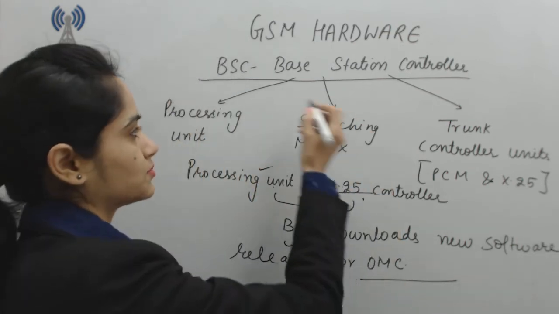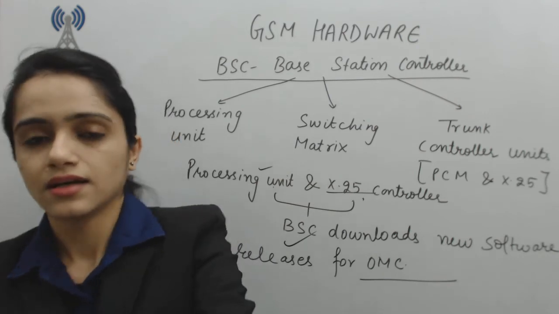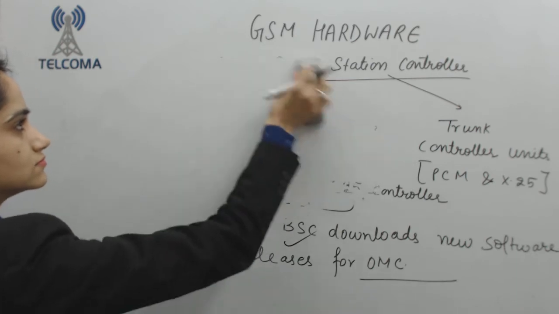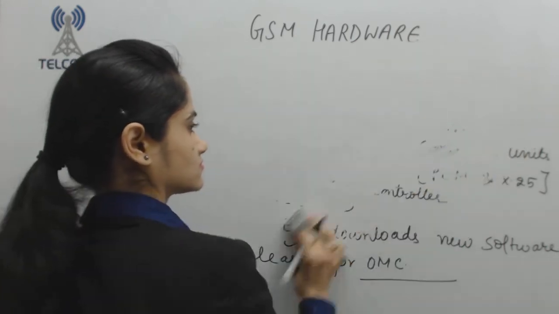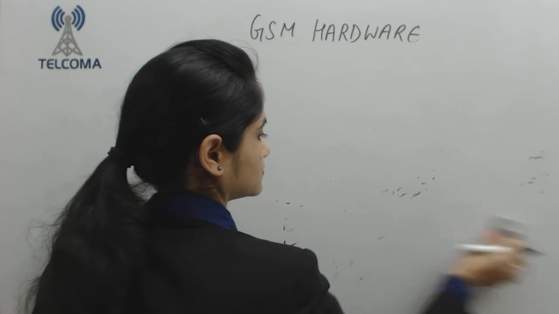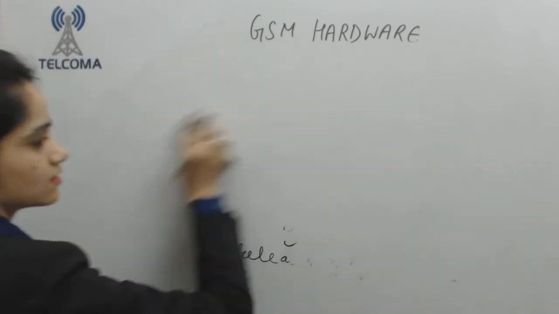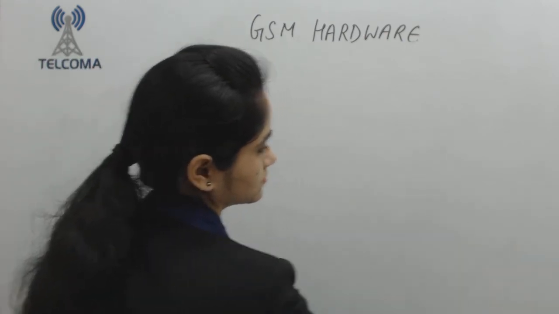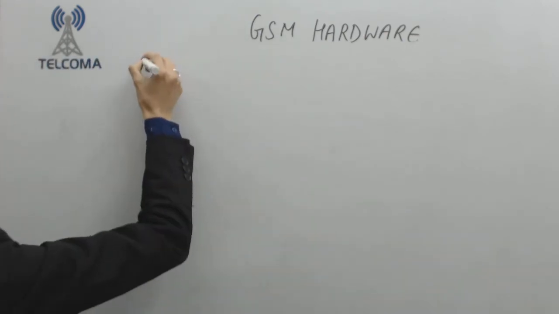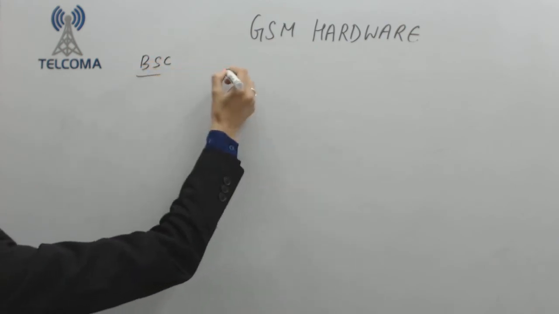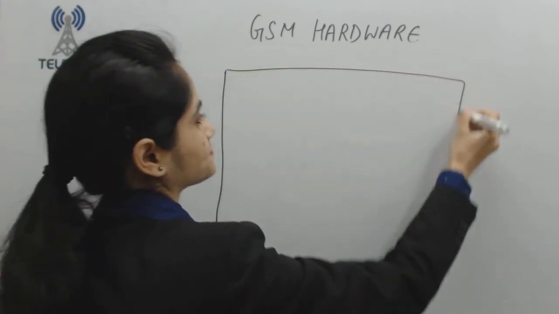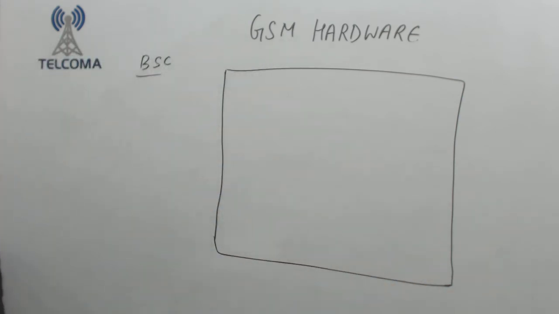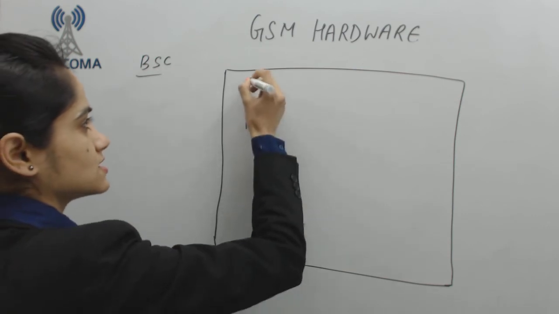So I will make a diagram of a BSC. How does it look? The first unit that we require is a processing unit.